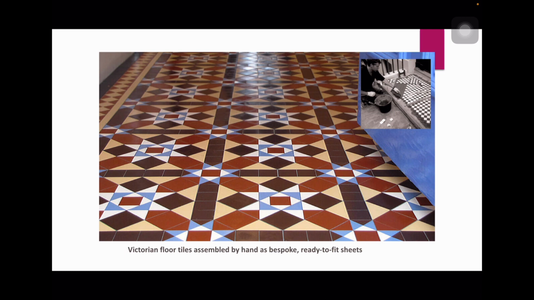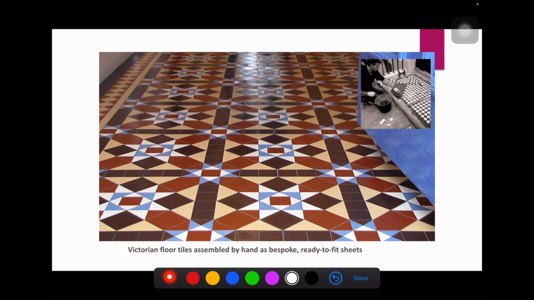Victorian floor tiles assembled by hand as bespoke, ready to fit sheets. So you can see there's a pattern there, and you can see here how this man installs the patterns. We can see a square here, then another square, another square, another square.